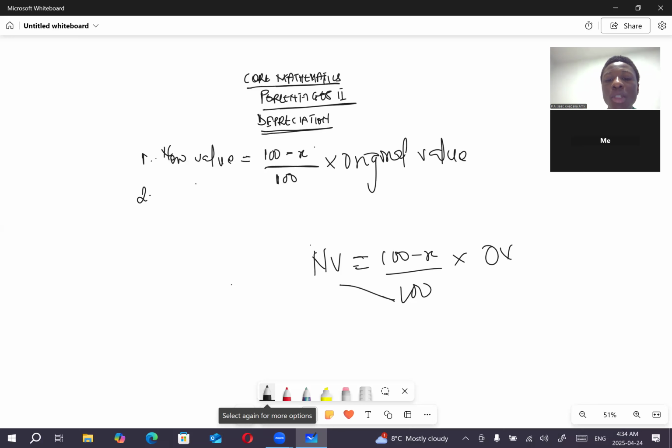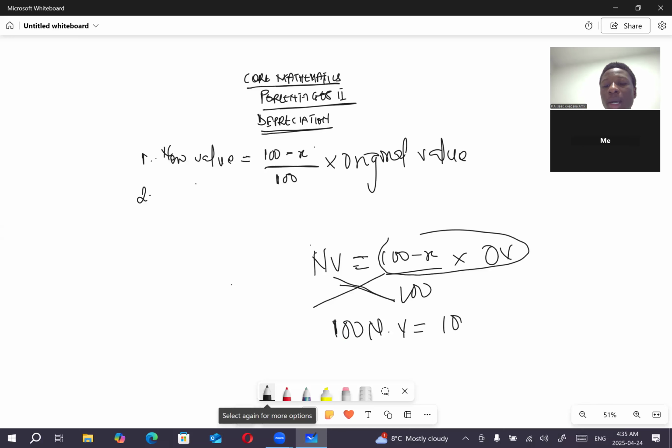This one multiplies everything here, then everything here also multiplies everything here. So it's going to be 100 NV equals, now here will be 100 minus x, times OV.